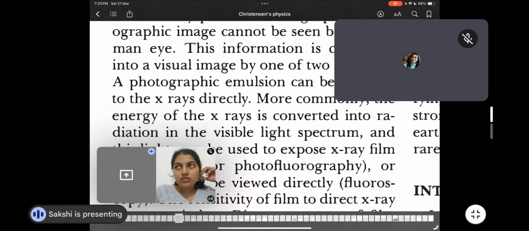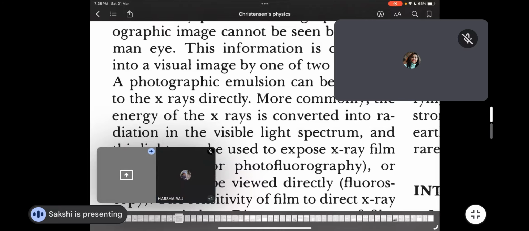That's what you are saying, right, Harsha? Yes, ma'am. So bone will have different, soft tissue will have different, air will have different, and the fluid attenuation is almost similar to soft tissue. So because of differential attenuation coefficient, you are getting that information, and that information is getting recorded on the image.